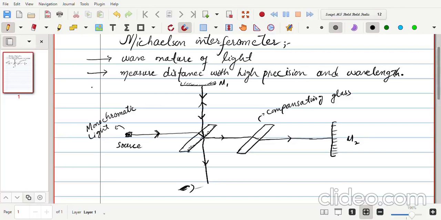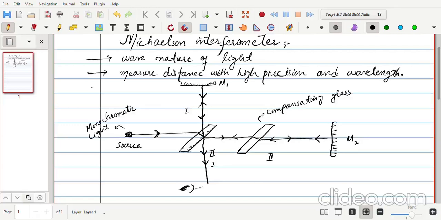So we can consider this as ray 1 and this as ray 2. These two waves show interference because they have the same wavelength and the same frequency, and we are maintaining the path difference, so we get an interference pattern.